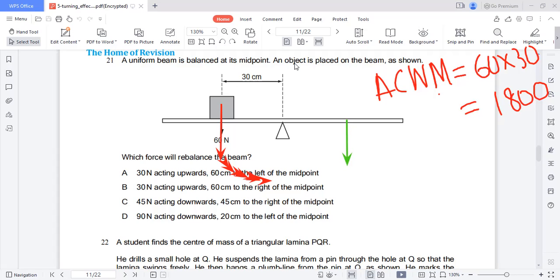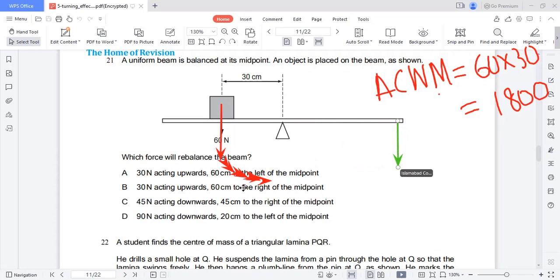So if we increase the distance, like suppose it is 60, 70, whatever, if its length would be large, its perpendicular distance would be large, then its weight would be small. If we decrease the distance, then its weight must be large.